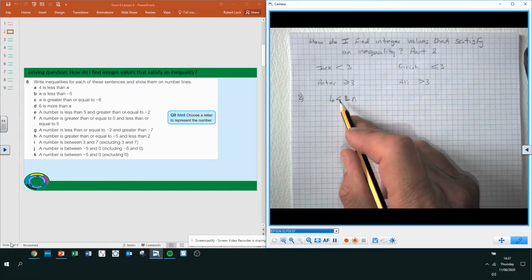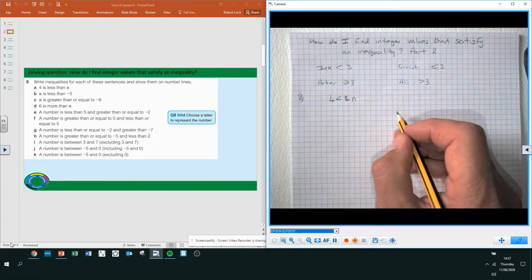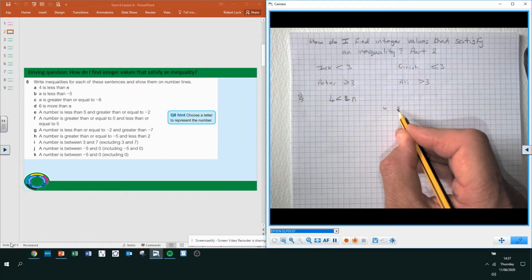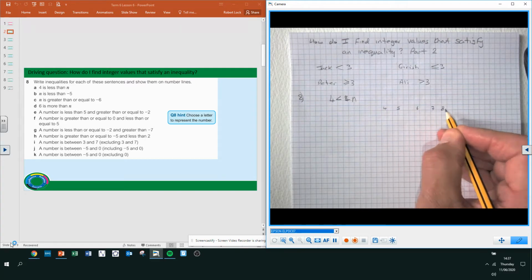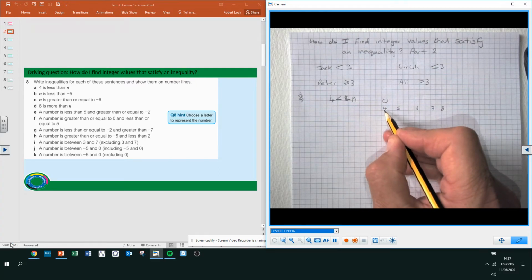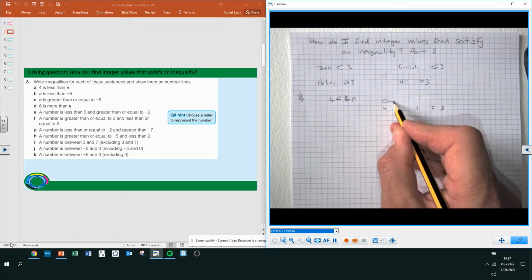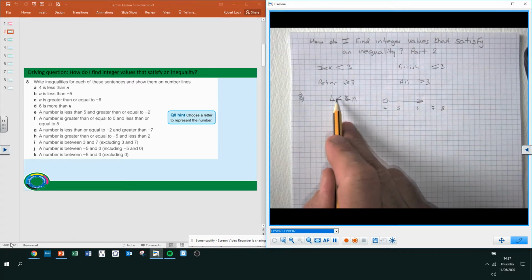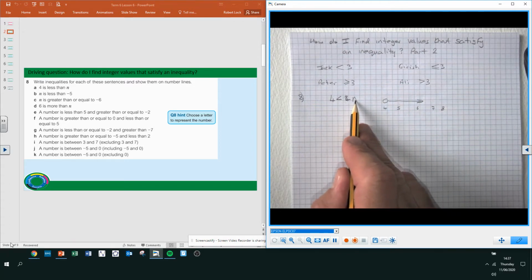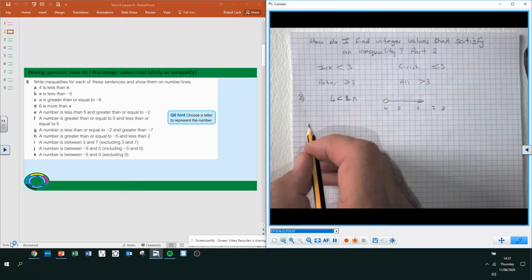So n is greater than 4. So 4, 5, 6, 7, 8. Circle, open, it's not equal. We're going that way. So 4 is less than n, n is greater than 4.